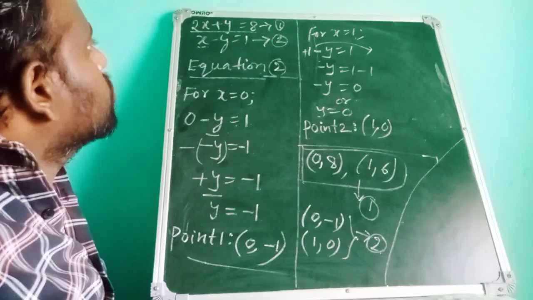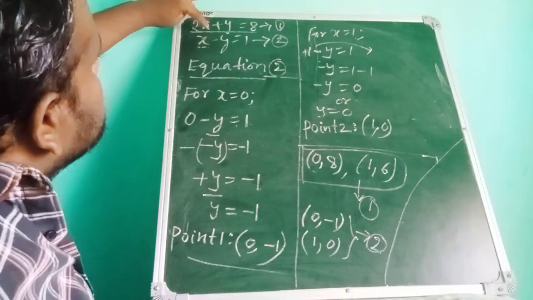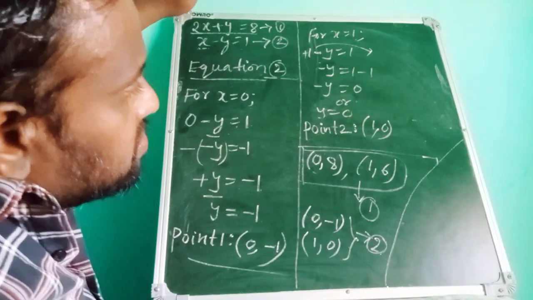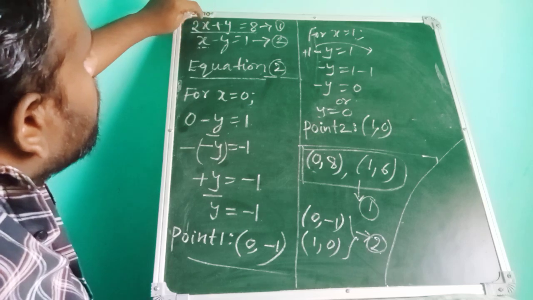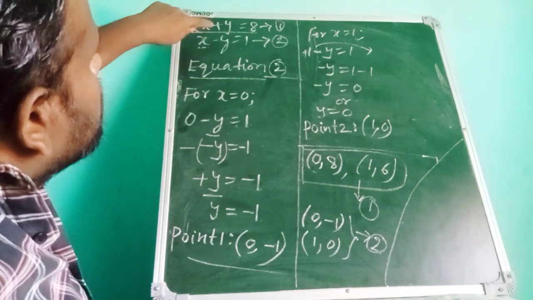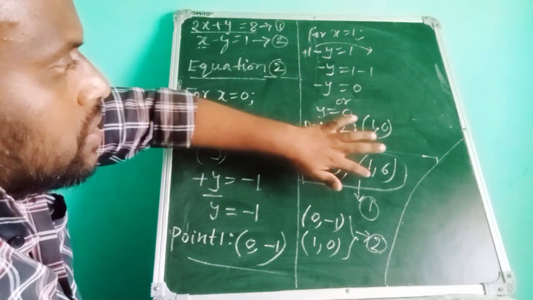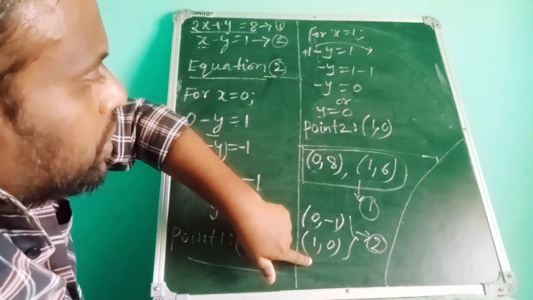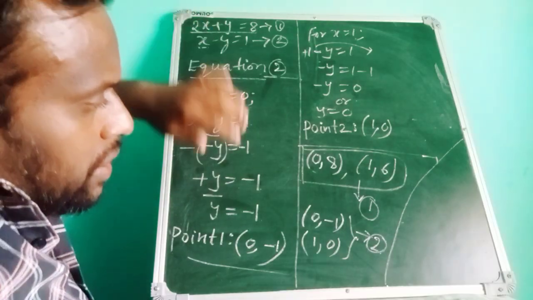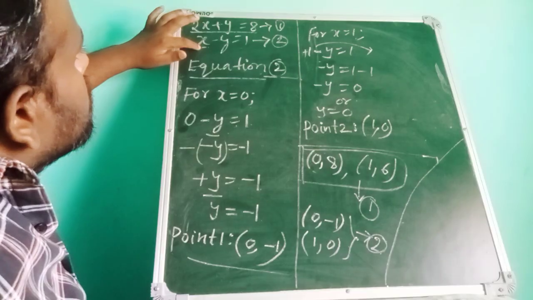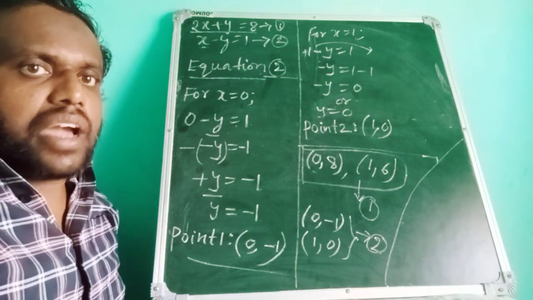Just give me 2 minutes. Yeah, these 2 points are correct. I am going to verify this 0 comma minus 1. Correct. 1 comma 0. Yeah, we calculated the points correctly.